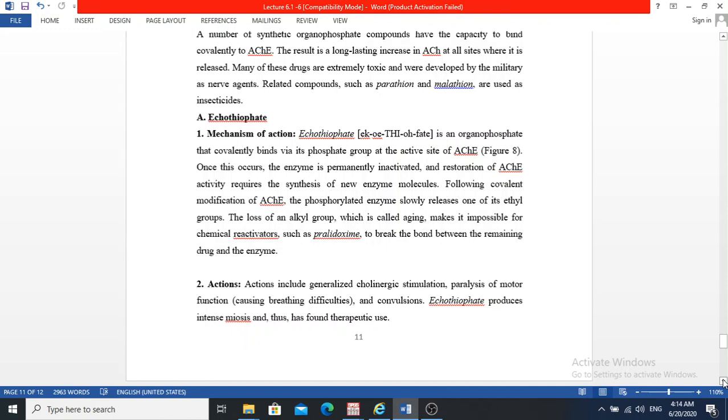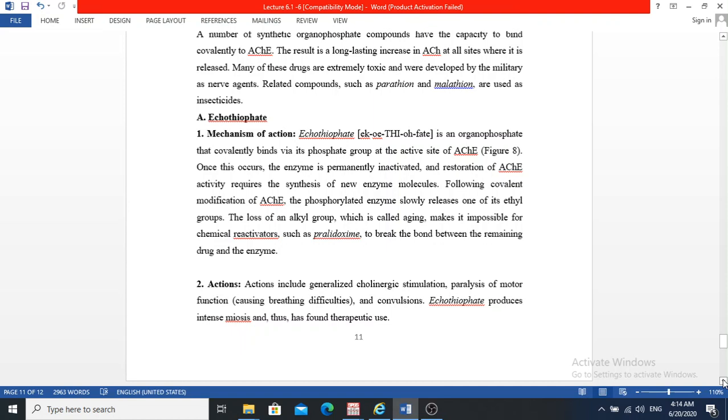The phosphorylated enzyme slowly releases one of its ethyl groups, the loss of an alkyl group, which is called aging.